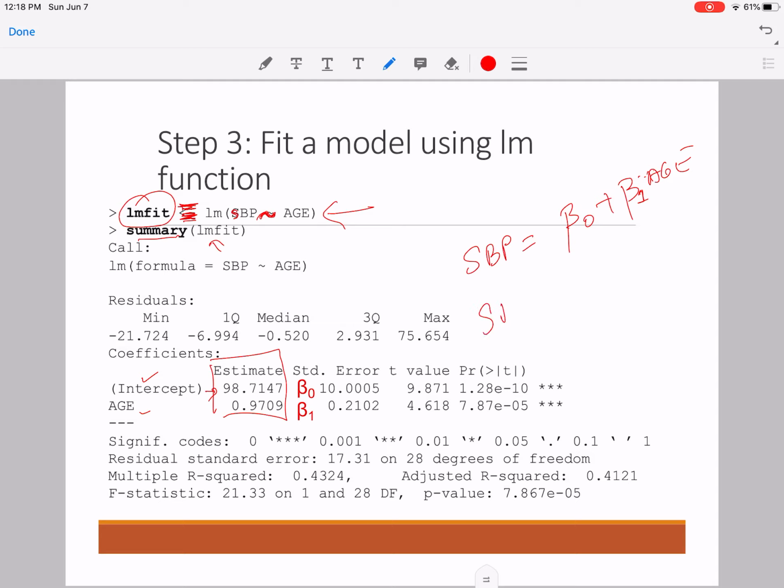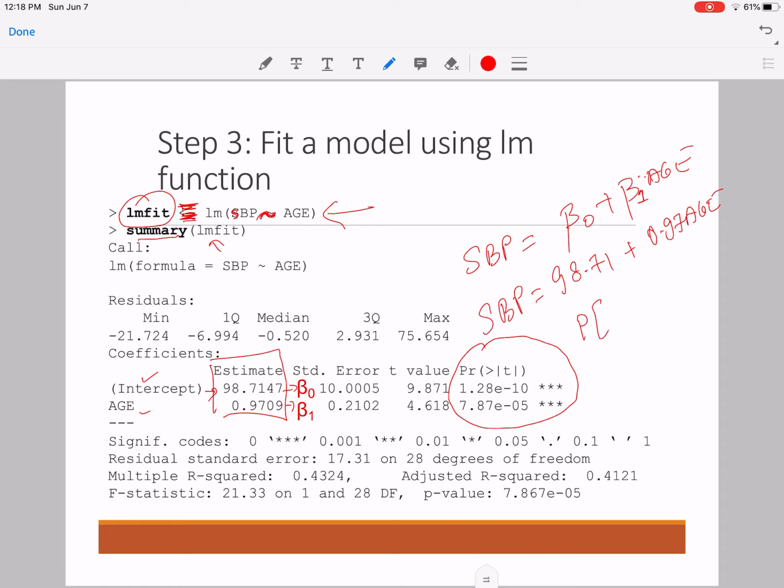So my model essentially is 98.71 plus 0.97 times age. So these are the estimates of my regression coefficients beta naught and beta 1. The next important item that you'll be looking into is the probability values for these coefficients to be 0. These are the probability values that my regression coefficients beta naught and beta 1 are equal to 0.